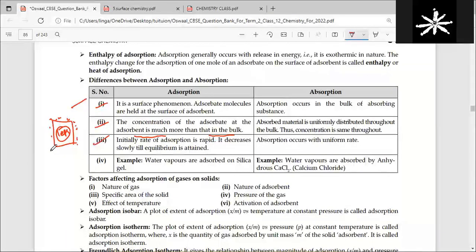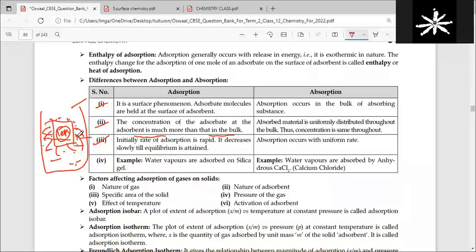Then third point. See this adsorbent, here liquid is there. Now I am dipping some stone or some cube in the water. So what will happen here? Initially, a completely empty surface is there. So this liquid is adsorbing fast.